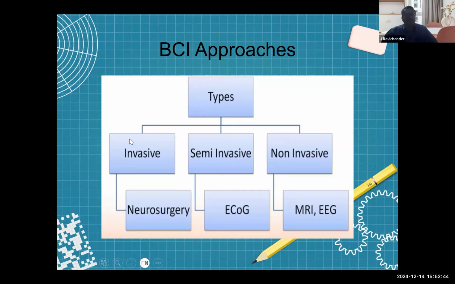These are the three different types of approaches: invasive, semi-invasive, and non-invasive. Invasive means some surgery, semi-invasive means some implant, non-invasive means some MRI, EEG. These are the things we are going to use.